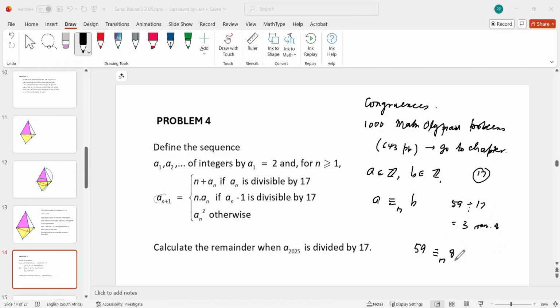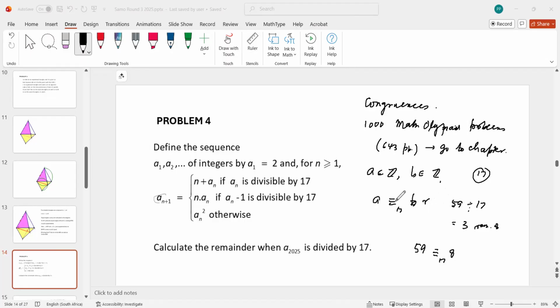And these remainders can only be one of 17 numbers, 0, 1 up to 17. If the remainder is 0, then it means that 17 goes exactly. If the remainder was 0, so in place of B, I can put R, where R is the remainder on division by 17.